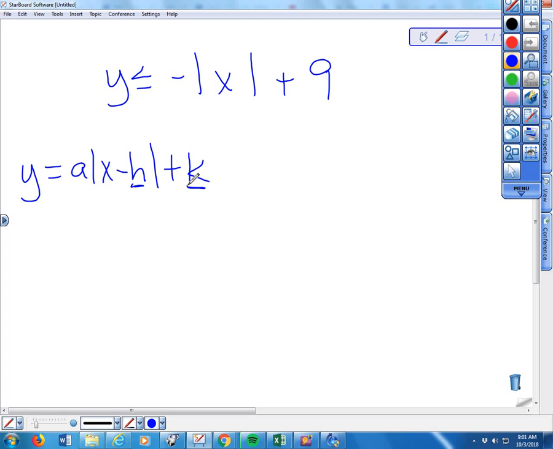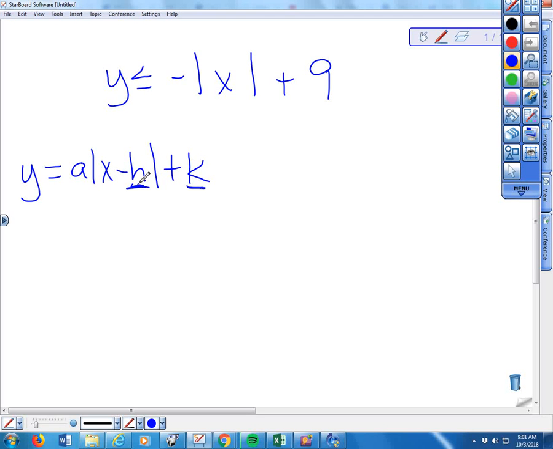What's h, k as it relates to the absolute value function? It's the vertex. We went through, you had web work on this. Everybody remember h, k? If h is positive, it's going to be x minus h. If h is negative, it'll be x plus h.